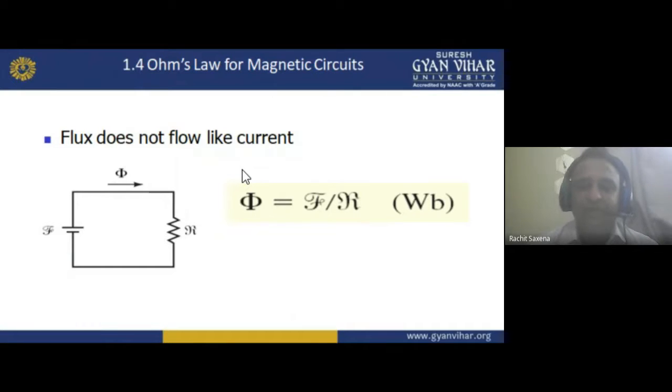For example, we always say I equals V upon R. Here, phi equals MMF by R. Understand? This is the analogy between the electrical field and the magnetic field. Just try to understand this. See here.